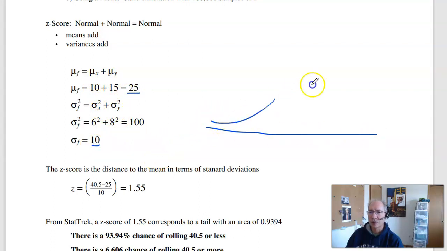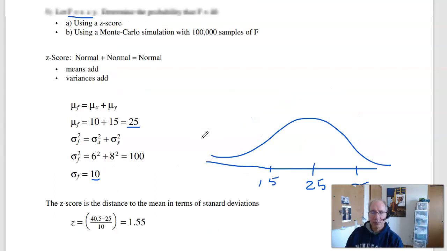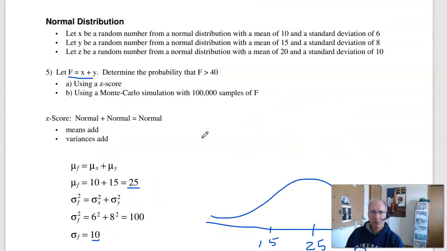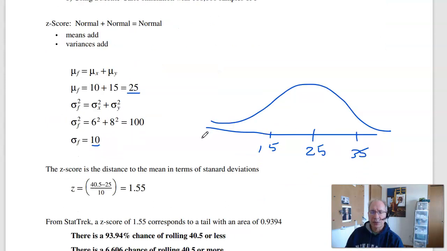It kind of looks like this. Mean is 25, and the spread is 10. So here's 15, here's 35. What's the probability that f is greater than 40?